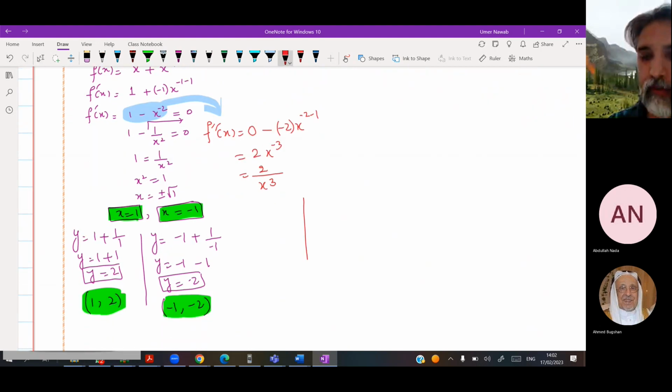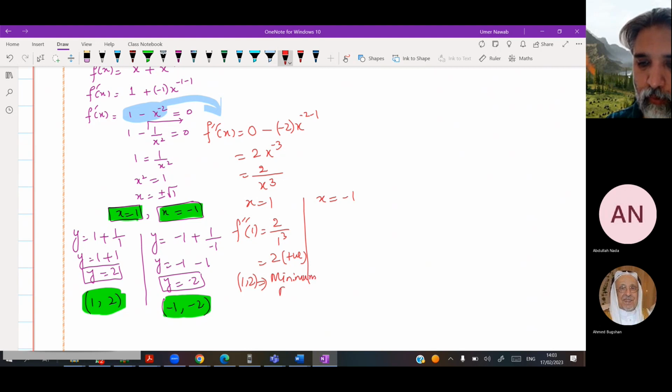Now one by one, I will substitute the values of x: 1 and -1. What is my f double dash? F double dash of 1 is equal to 2 over 1 power 3, which is 2. This is positive. So it tells you that 1, 2 is a minimum point.